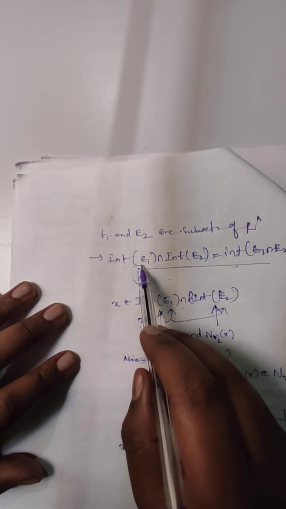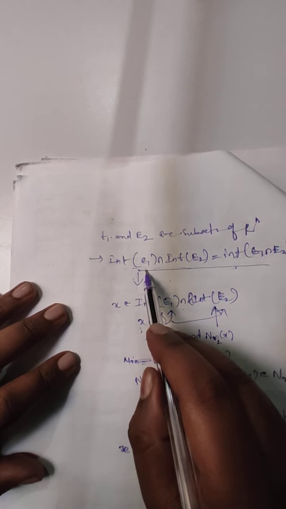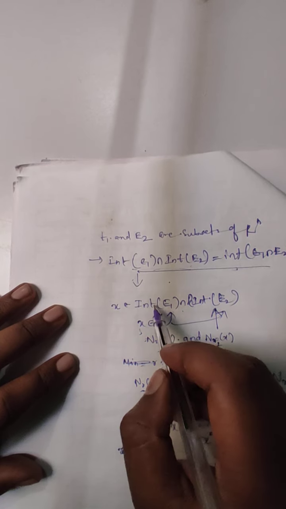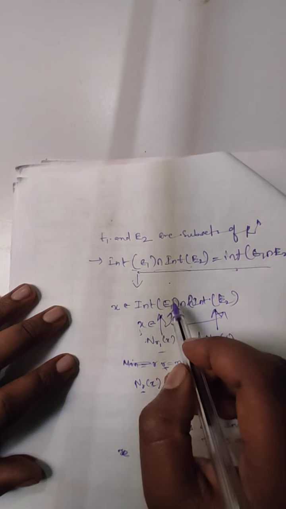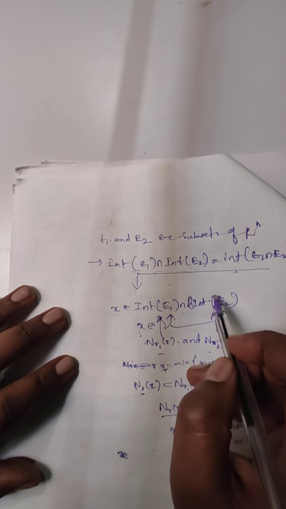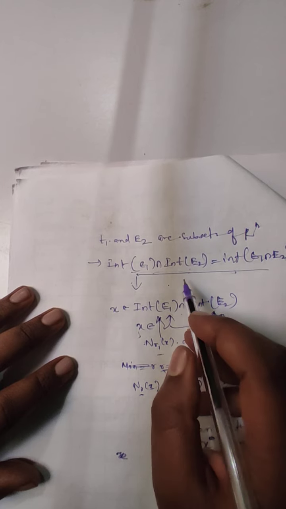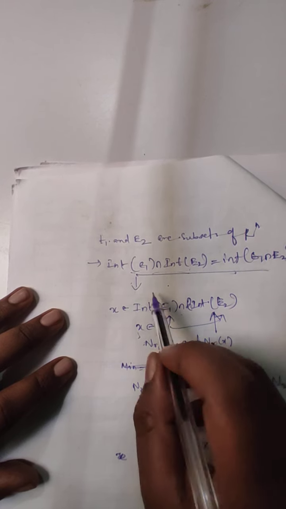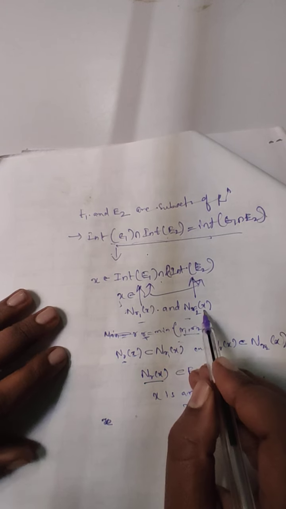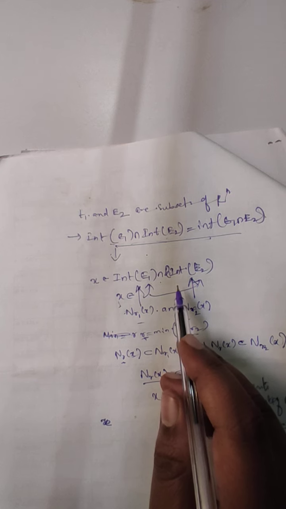For example, repeating again, some element x belongs to the interior of E1, and then another element belongs to E2 with a different radius. We are just changing the radius with N_r1(x) and N_r2(x). These two belong to E1 intersection E2.